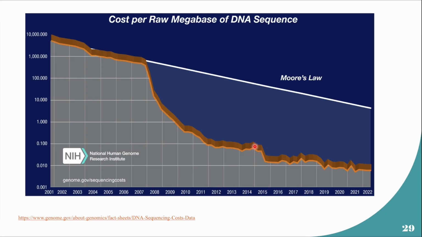And in this plot, whenever you see a valley or a sharp decrease in the cost per raw megabase, you can expect that at that point, probably some important improvement over the existing approaches for NGS was performed, or discovered, basically.